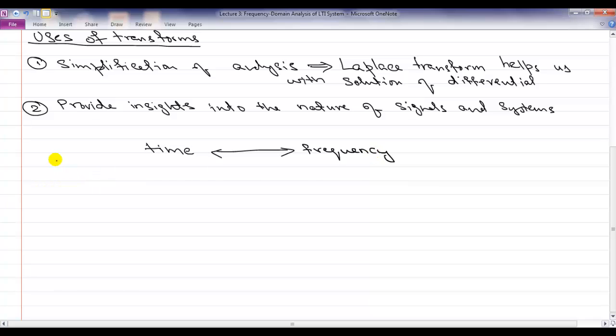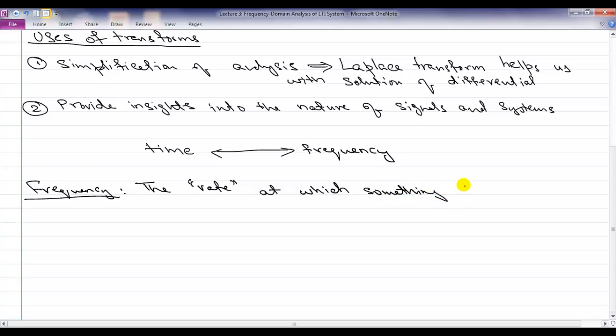So heuristically, frequency can be defined as the rate at which something changes. And that something has to be a function of some variable. We'll assume that variable to be time. So if something has high frequency, we say it changes very fast. If something has low frequency, it changes very slowly. Okay.